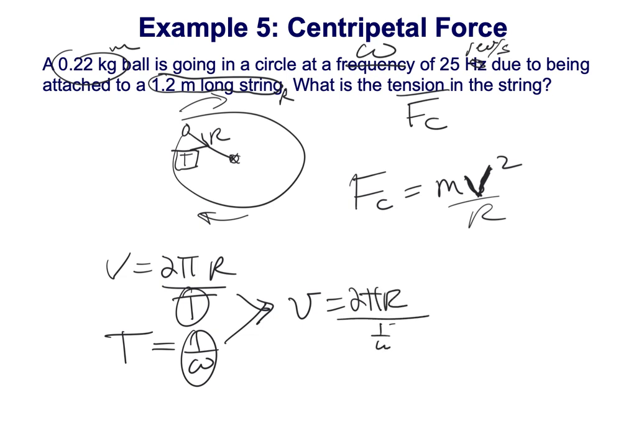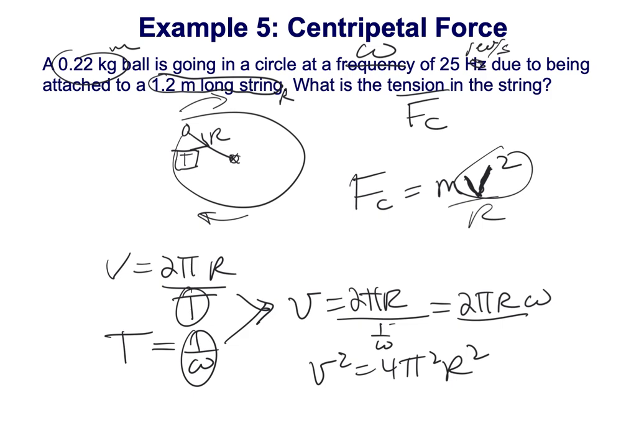When you get a fraction in the denominator, you just invert and multiply. So v equals 2 pi r times omega over 1. Okay, but I want v squared, right? Because that's what goes in here. So v squared equals 4 pi squared r squared omega squared.